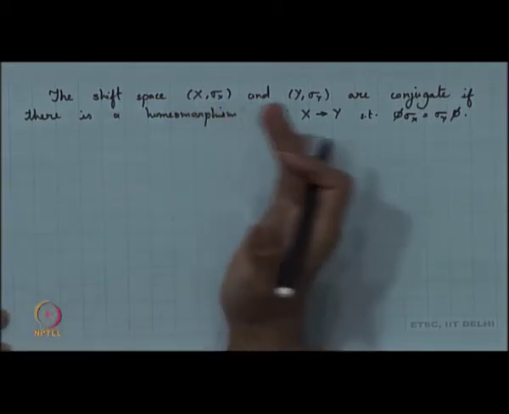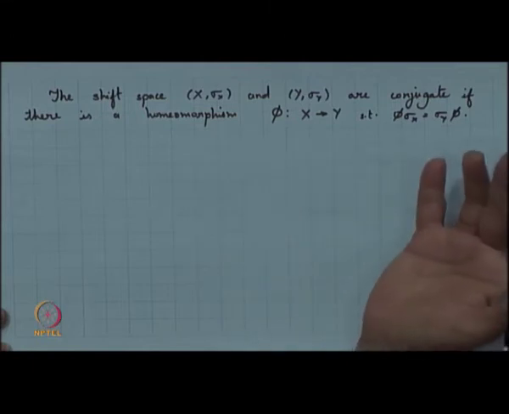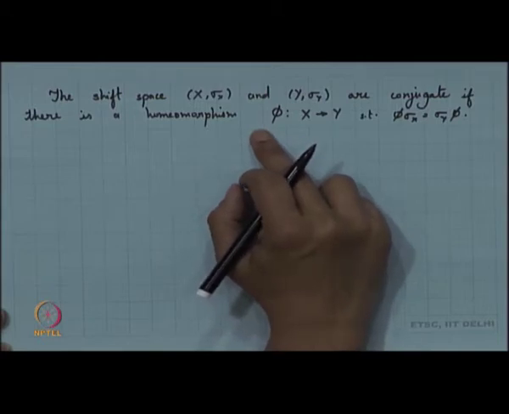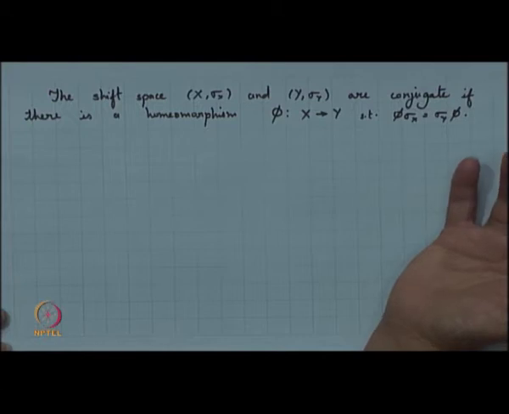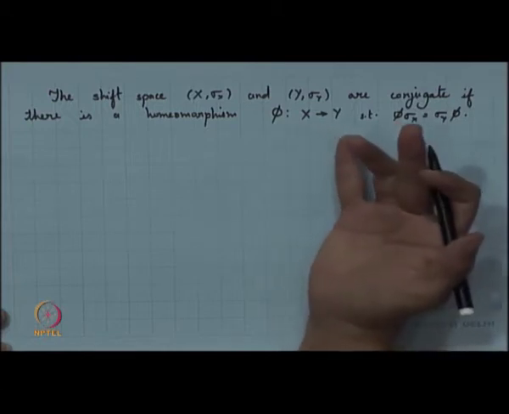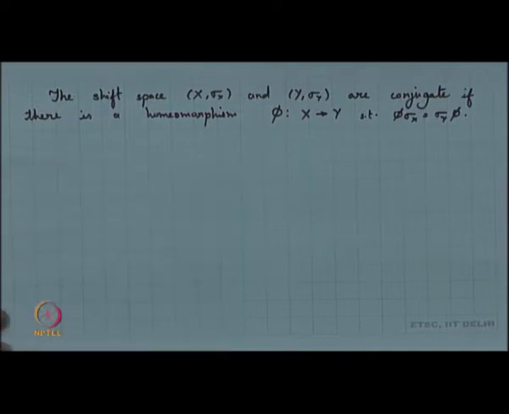And we know that under conjugacy the dynamical properties are preserved, and if my phi, instead of being a homeomorphism, is just a continuous surjection, then we say that phi happens to be a factor map. In that case we can say that Y happens to be a factor of X. But very interesting is, what is this factor map?